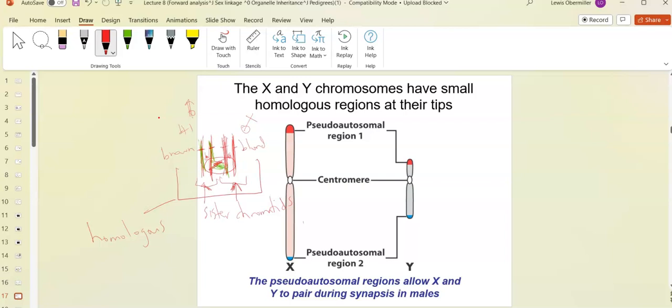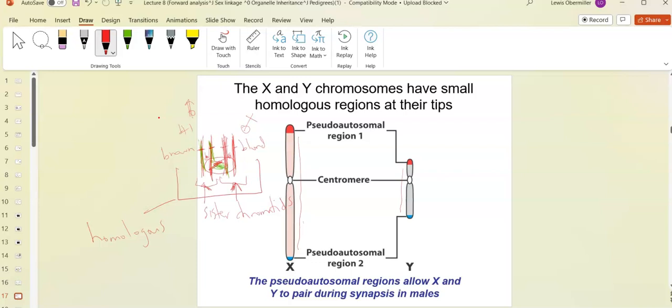That's not the case for the X and Ys. They're different lengths, they have different genes on them, but they still line up together, just like all the autosome chromosomes.